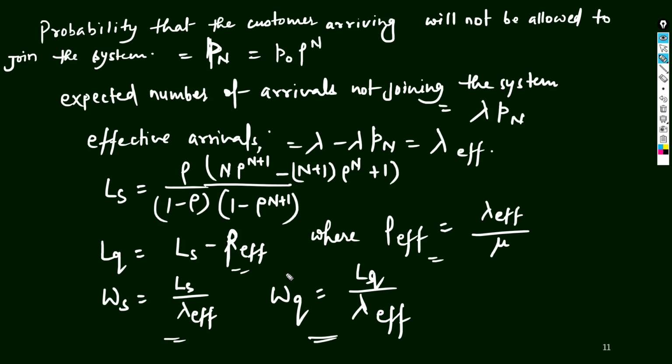And we will solve one question now. So same question, the previous one. What we are going to do is restrict the number of customers, that is, we are keeping n equal to 10.